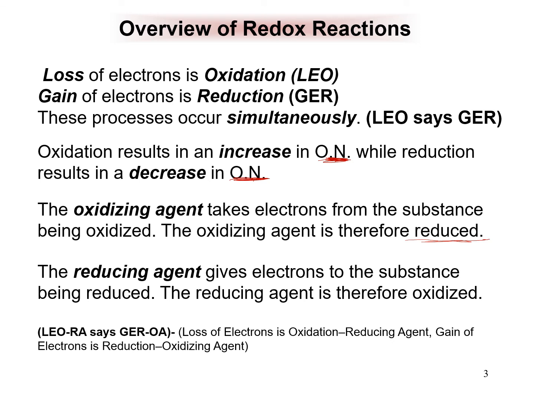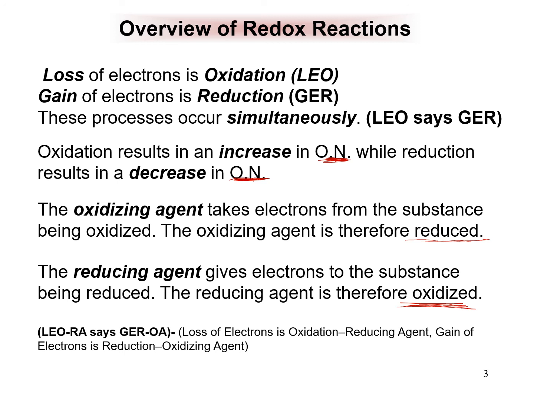That's where the definition gets confusing, so you have to be very careful with the terminology here. Whatever is getting oxidized is reducing the other substance, because when one is getting oxidized, the other is getting reduced. What is a reducing agent? A reducing agent is an agent that is reducing something, so by itself it is getting oxidized. When a reducing agent gets oxidized, it is reducing the other substance.